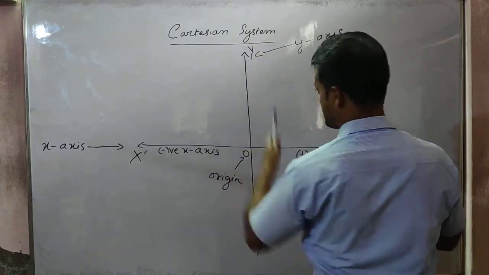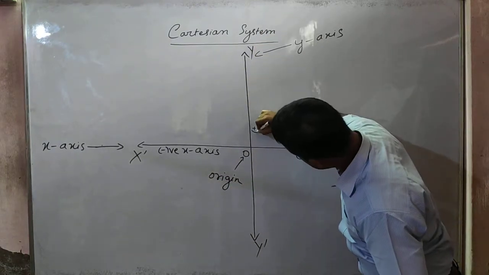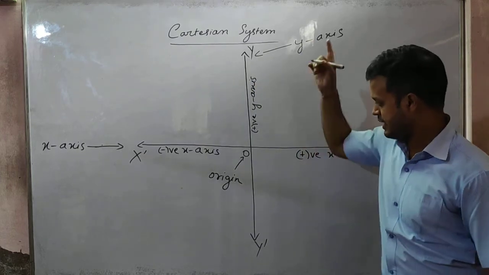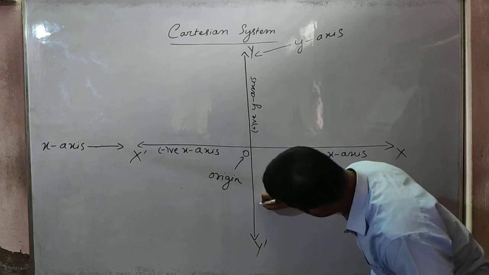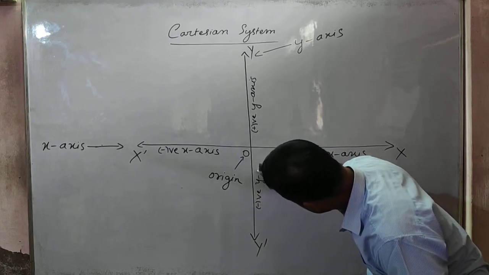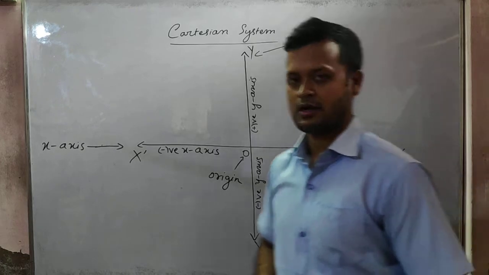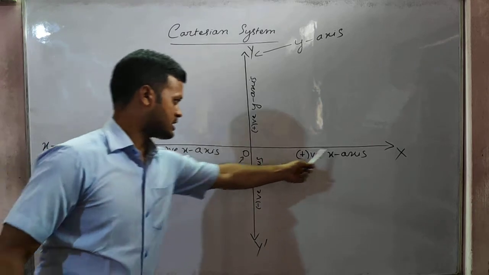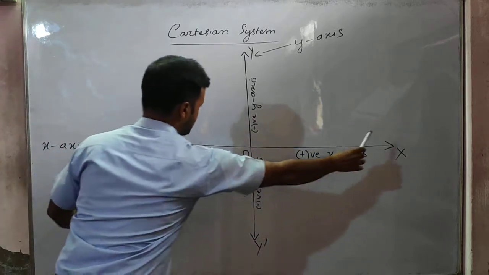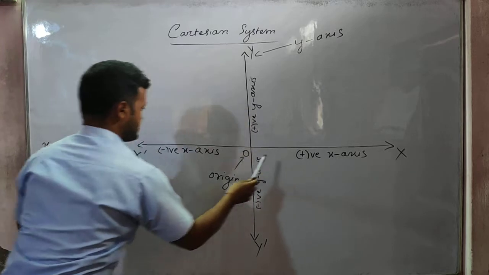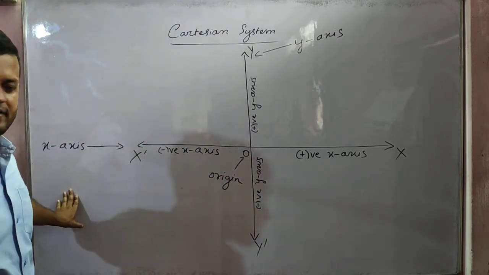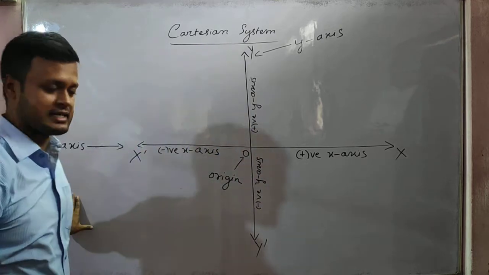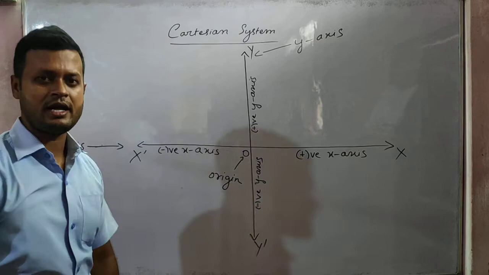From the origin upwards, it is called the positive y-axis, and from the origin downwards, it is called the negative y-axis.